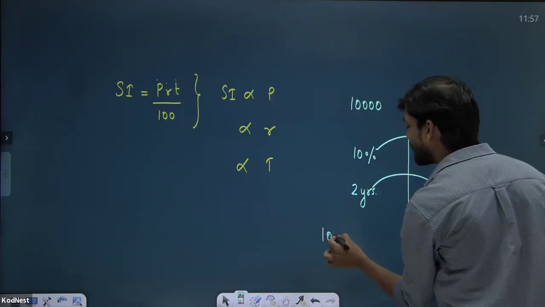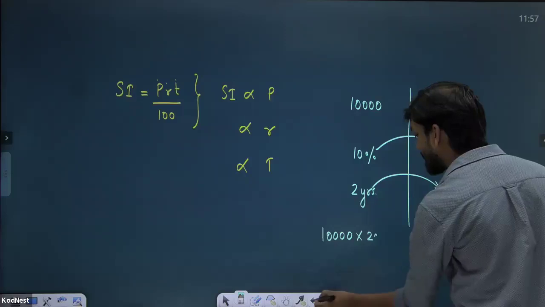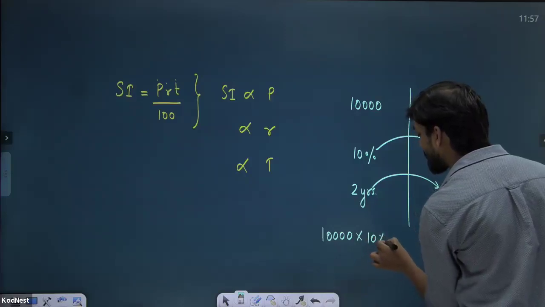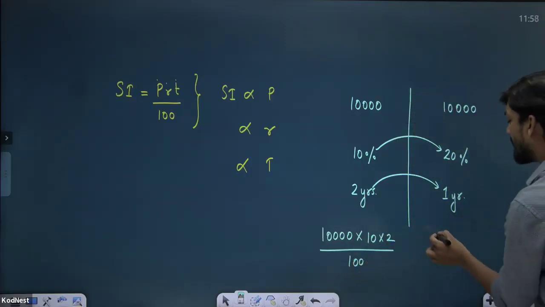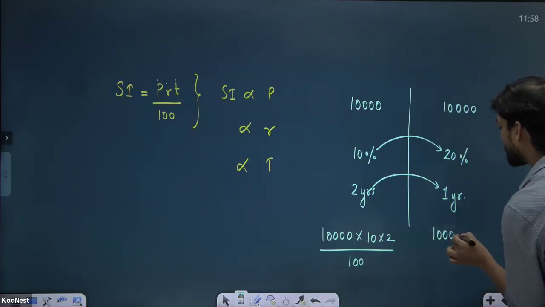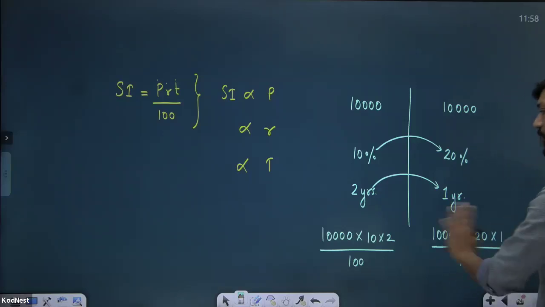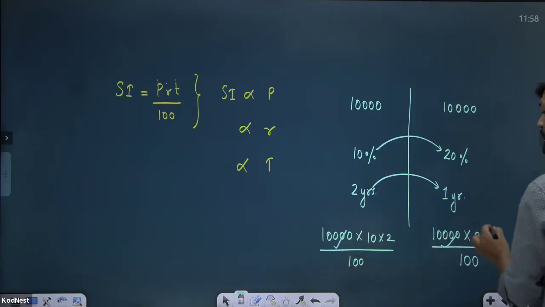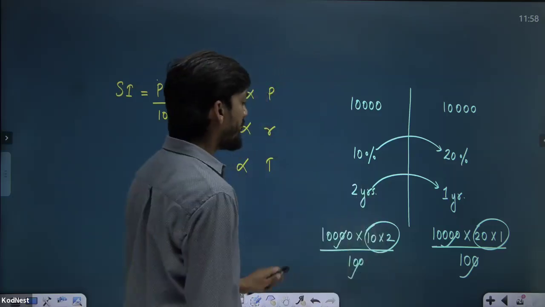If you see how, let me just write it with the formula. Principal is 10,000. Rate of interest is 10, time is 2, divided by 100. Here it is 10,000, rate 20, time is 1, divided by 100. Now compare please. 10,000, 10,000, 100, 100. Compare this and compare this. Is it same or not? Don't calculate.